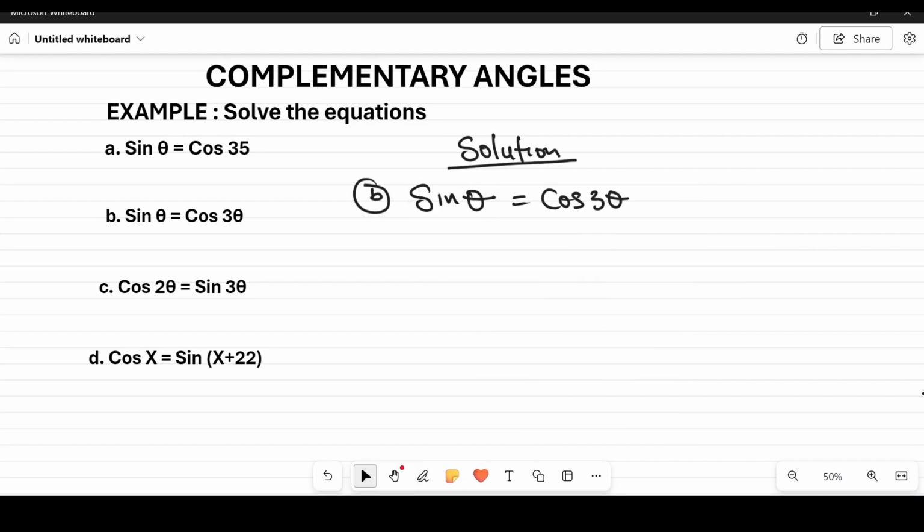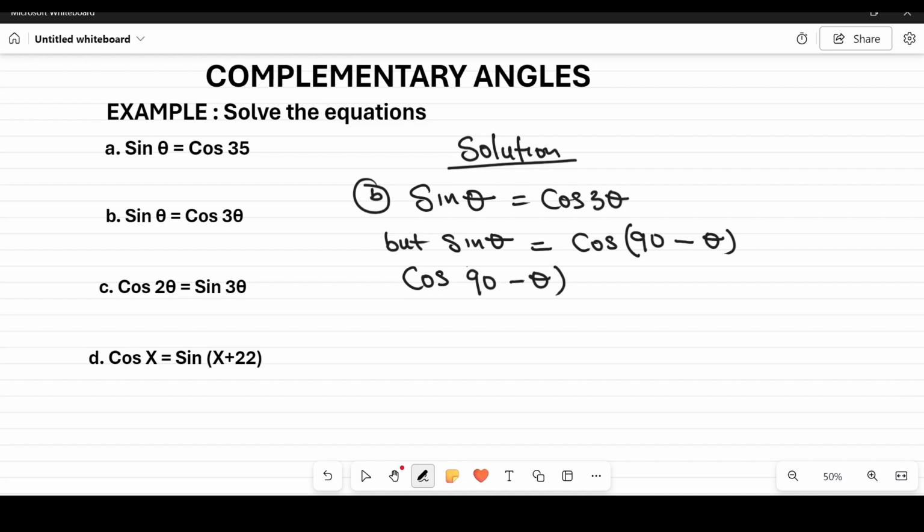B says sin theta is equal to cos 3 theta. Also, we have established earlier that sin theta is equal to cos of 90 minus theta. So if we replace our sin theta with cos of 90 minus theta, our equation becomes cos of 90 minus theta will be equal to cos 3 theta.